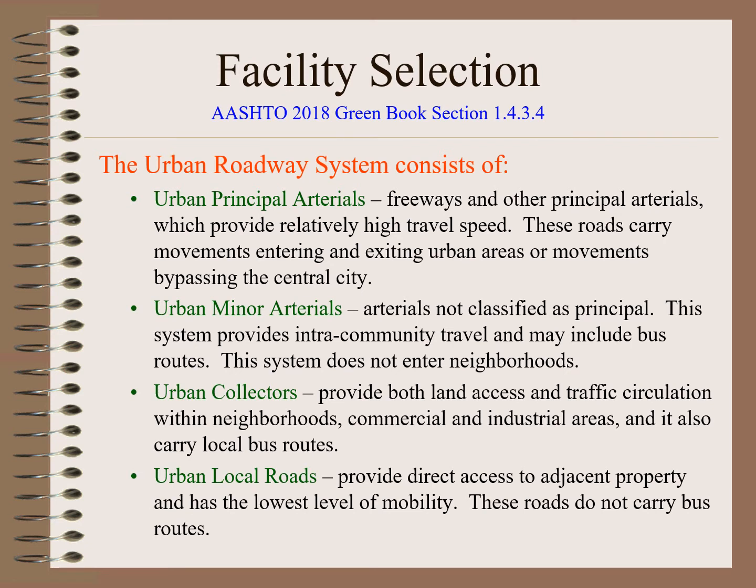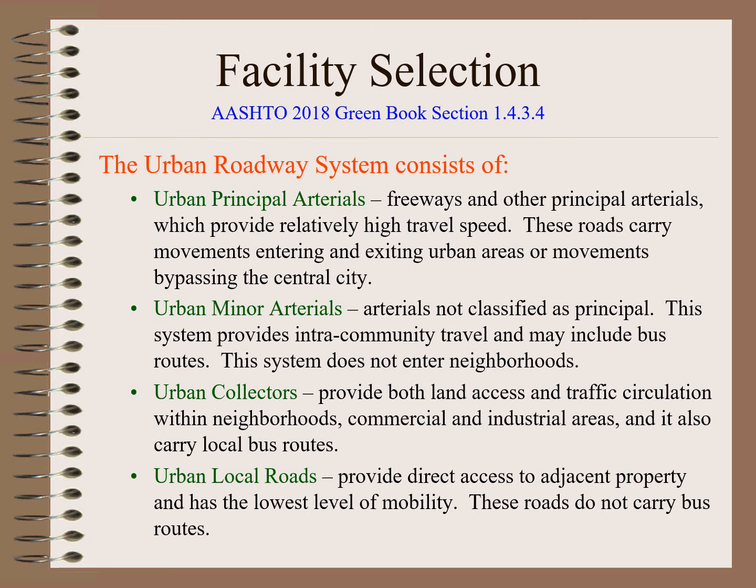The urban roadway system has a similar setup. You have the urban principal arterials. These are freeways and other principal arterials which provide relatively high travel speed. These roads carry movements entering and exiting the urban areas, or movements bypassing a central city, things like interstates or even US routes.